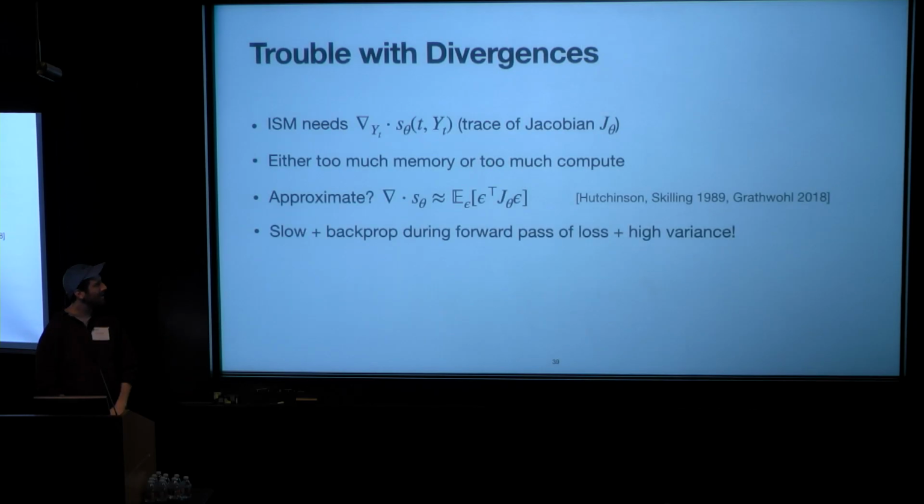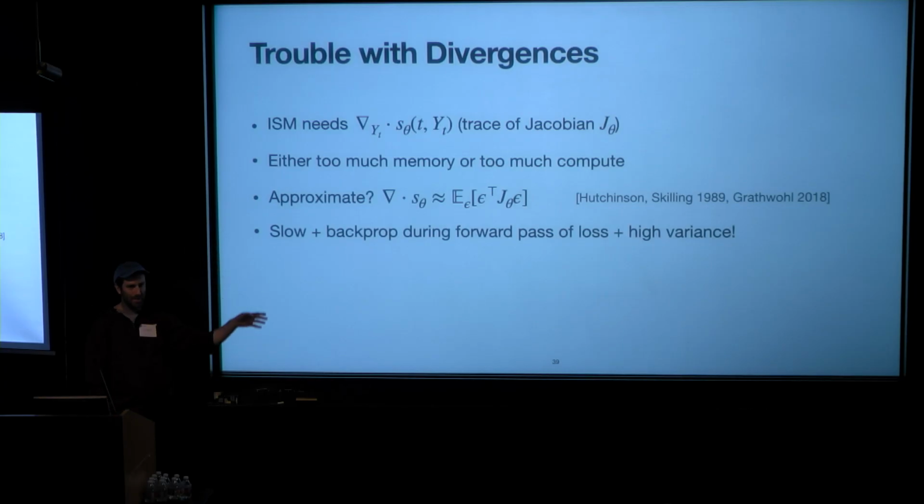So the trouble is, for high-dimensional problems, even though all we need is the trace of the Jacobian, a trace is not easily expressed as a vector Jacobian product with just one vector. You essentially need to call autograd to compute the divergence during the forward pass of your loss function, and possibly do so many times to get the exact divergence.